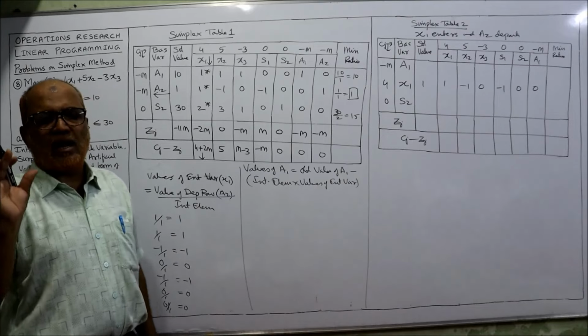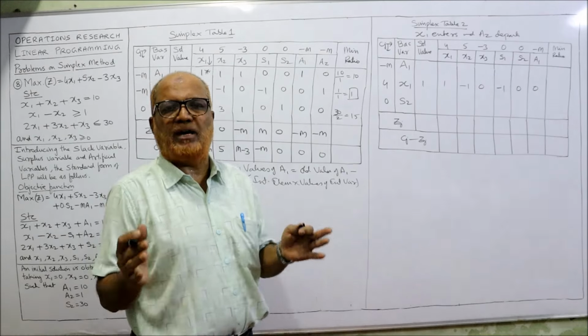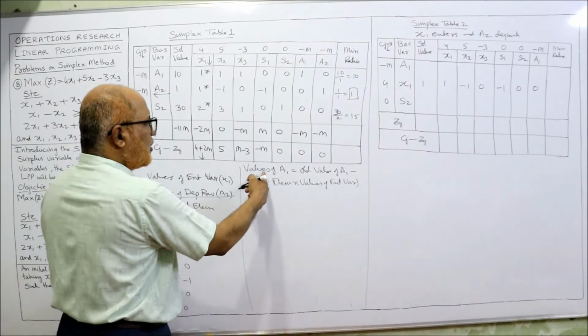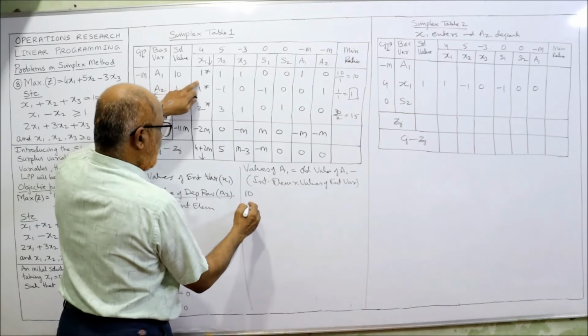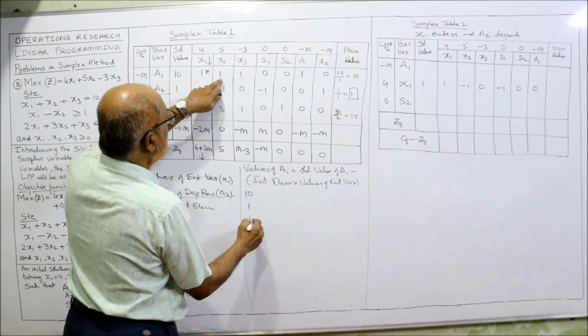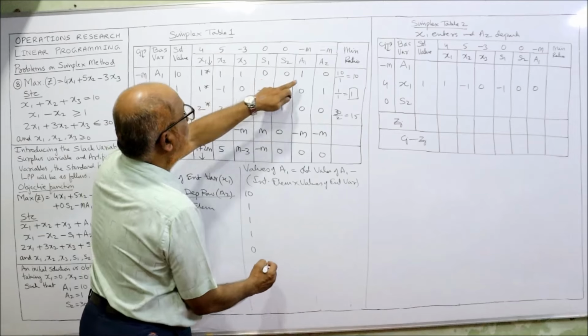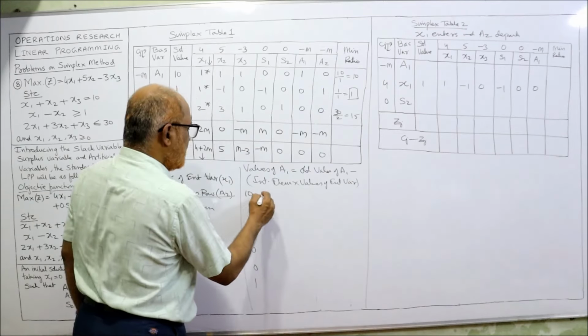Remember, the formulas are the same in every problem, whether it is maximization, minimization or mixed constraints. The old values of A1 are 10, 1, 1, again 1, 0, 0 and lastly 1. We are not taking A2 because it is departed.